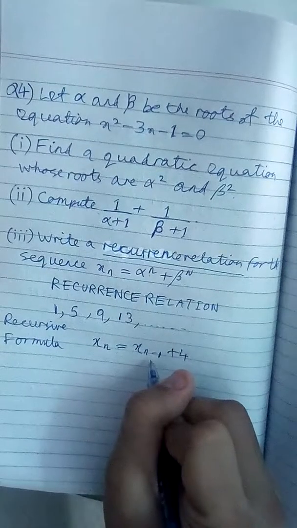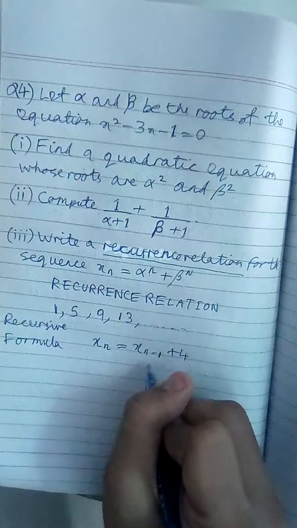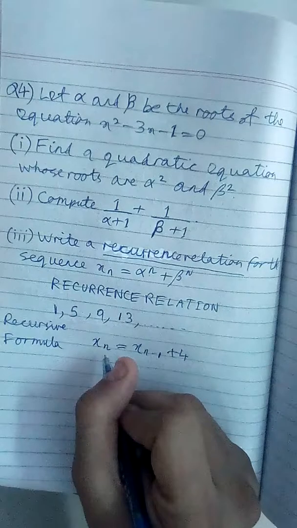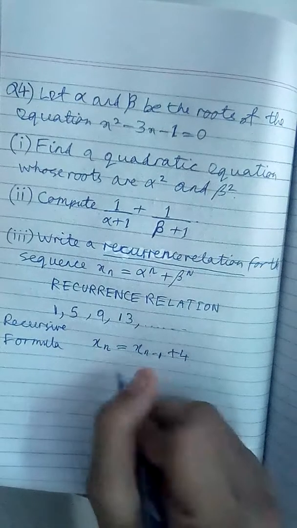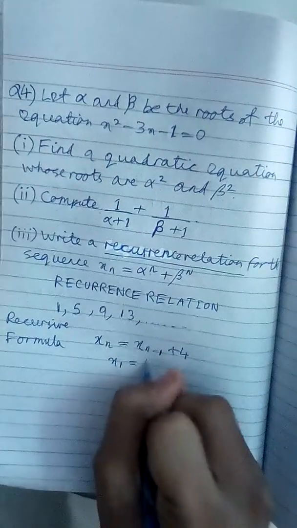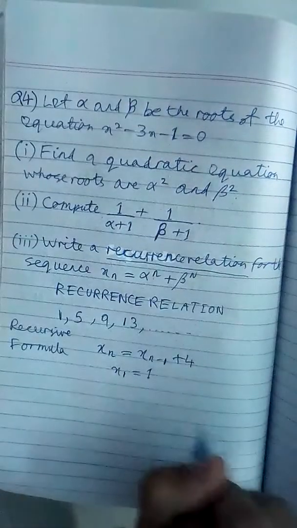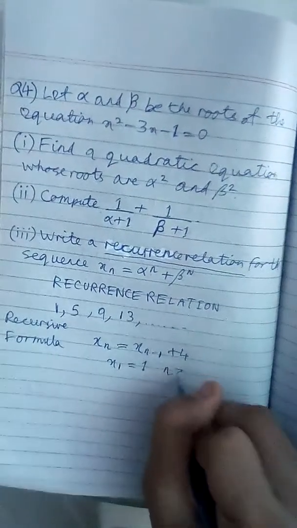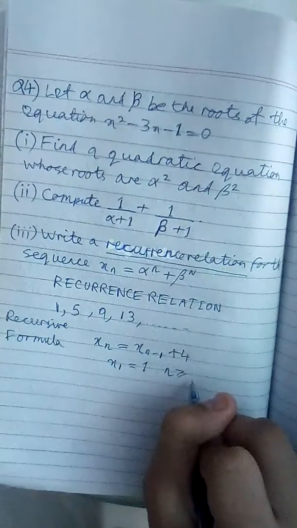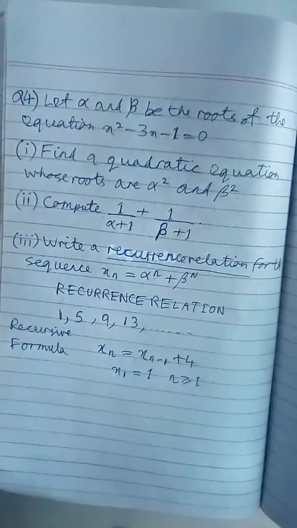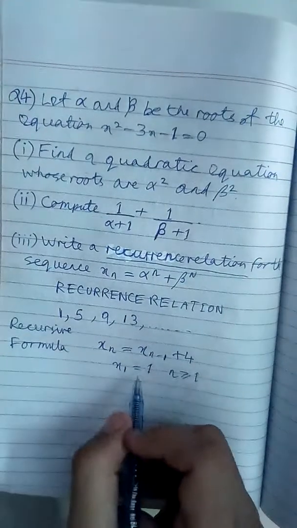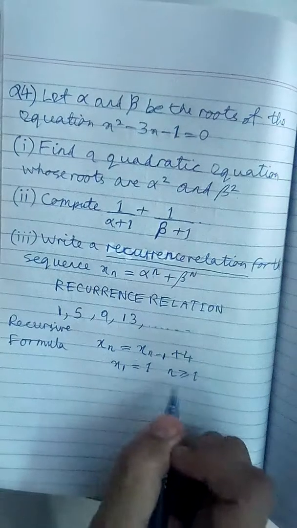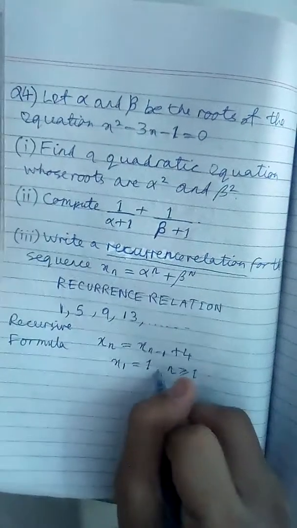Since only one term is required to generate the next term of the sequence, we will write x1 equals 1, and we will also state that n is greater than or equal to 1, because it will not work for x0. We do not have any value of x0.